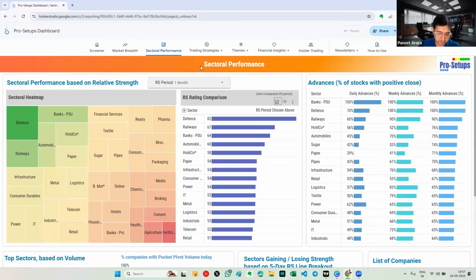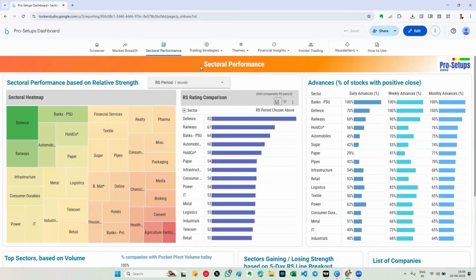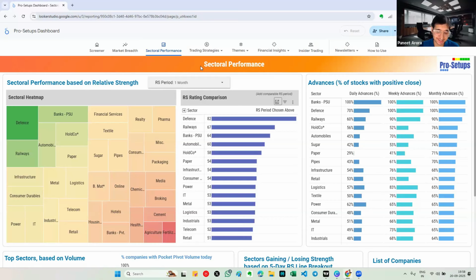So, if you like to trade pullback setups, it's better to consider sectors that have very high RS on a monthly and quarterly basis. In a weekly, pullbacks will have very low RS, but in a monthly or quarterly time frame, the RS of those strong sectors will be high.